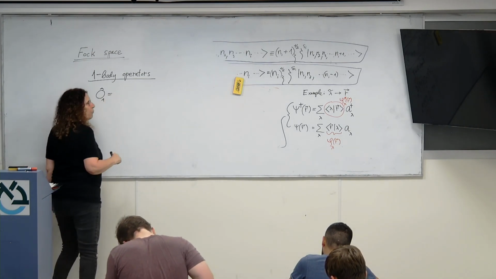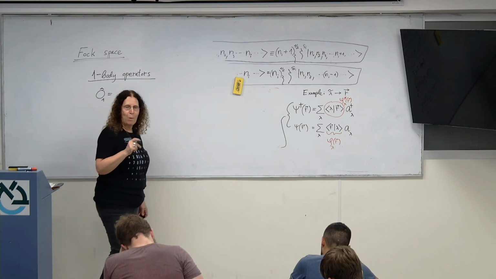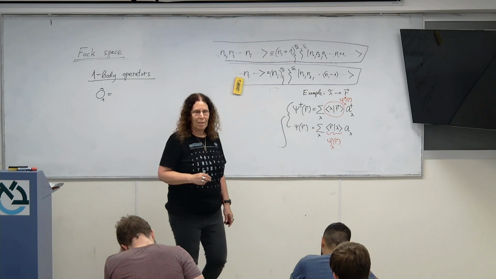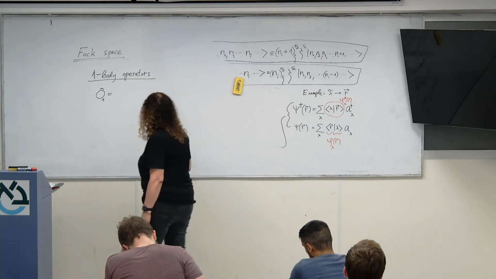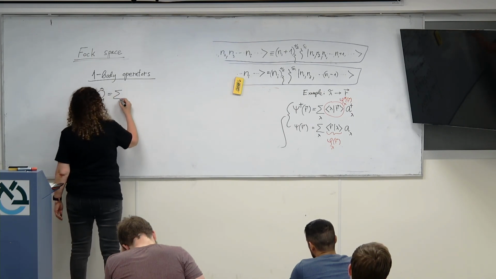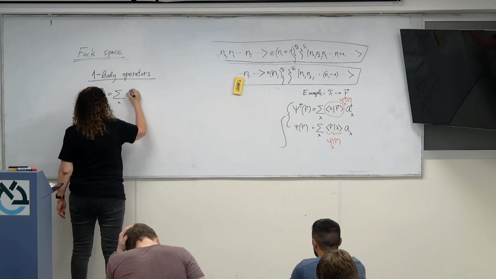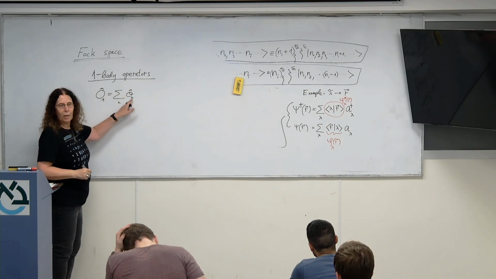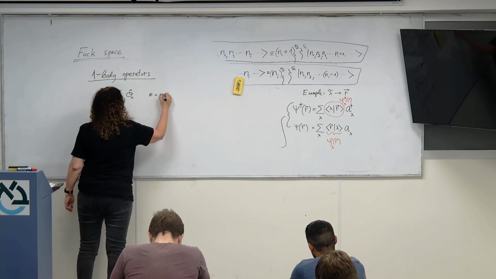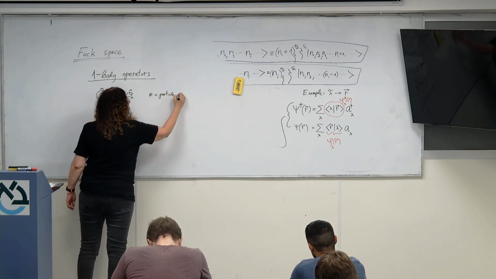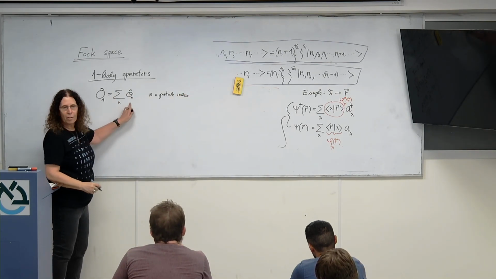If I write it in first quantization, the language where I keep track of the particles, I have capital N particles. I can write it as a sum over n of, let me call it little o_n, where o_n acts on particle n. Okay? That's how you write it in first quantization.